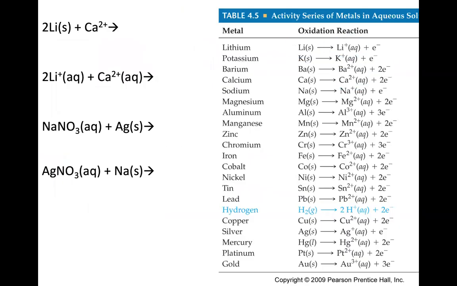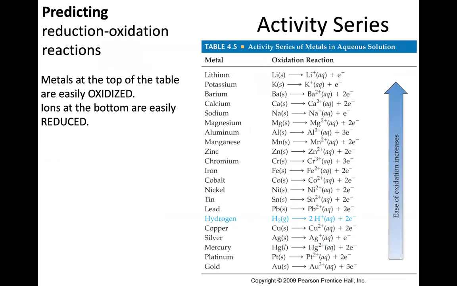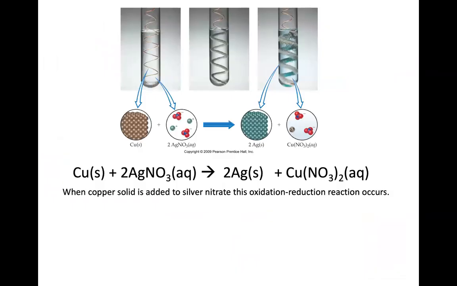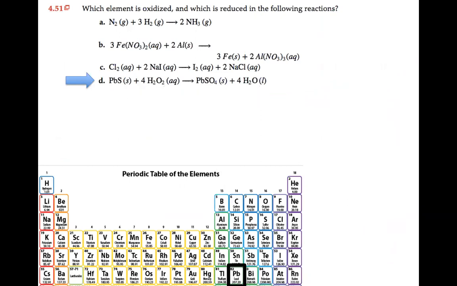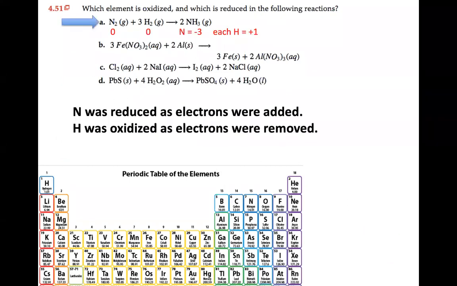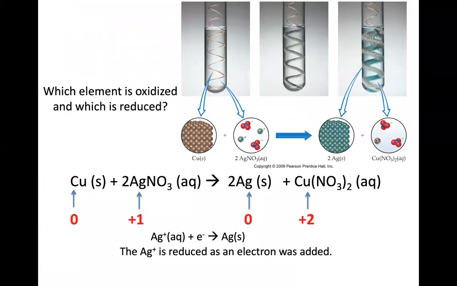Yeah. So when I was doing assignments, like, well, here's one where you see a whole bunch, but let me just go to this example right here. In this case, when I was trying to identify what was being oxidized or reduced, I was assigning for the particular atoms.